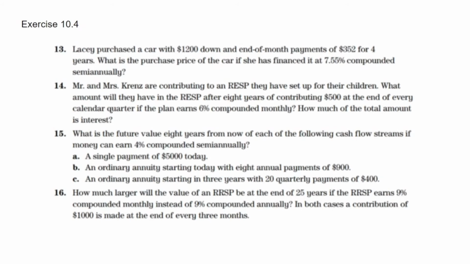What we need to do in this one is come up with some sort of a timeline in order to really get your head around this. So Lacey purchased a car, so it's $1,200 right away on the timeline, and then end of the month payments of $352 for 4 years. Now we know, seeing the section we're in, that it is going to be a general annuity problem.